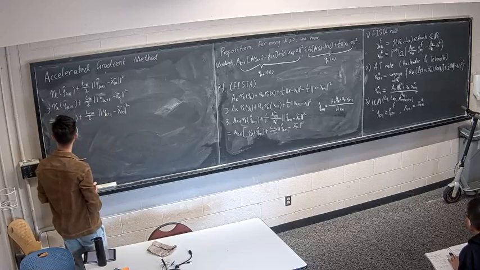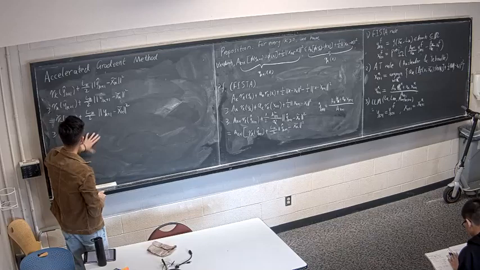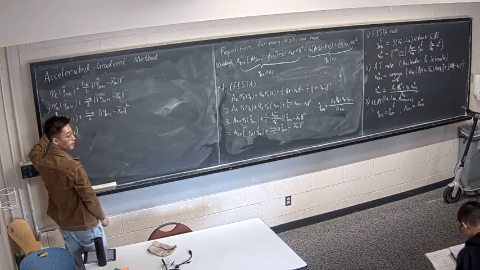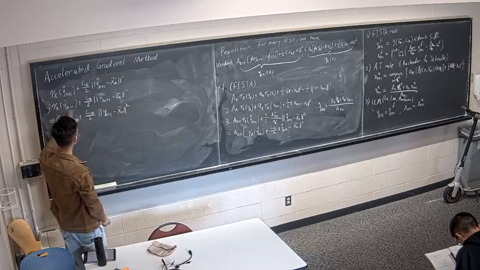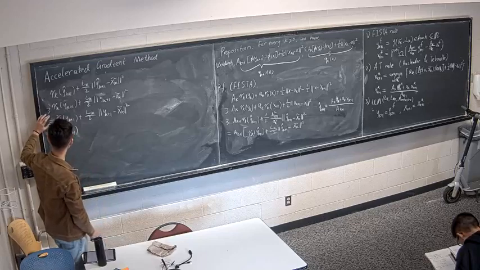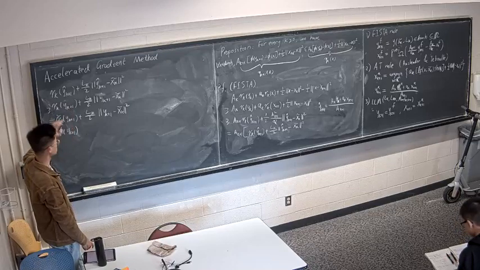This is because the lemma we wrote here shows that y_{k+1} is a minimizer to this problem, so this has a smaller function value compared with this one. And from here, we use the fact that gamma_k and gamma tilde_k agree at the point y_{k+1}. So this is an equality.